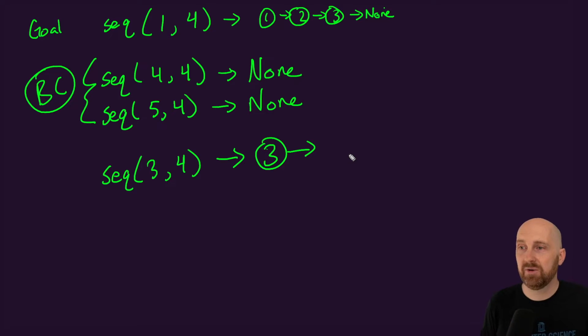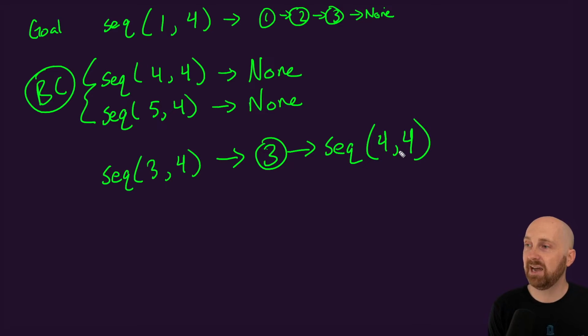So in this case, what we're hoping to do is say, okay, we're going to result in the current value of our low parameter, which is 3, followed by whatever the recursive result is of sequence 4, 4, right? So the next step that we're going to make here, or we could have said low plus 1, which in this case would have been 4, right?